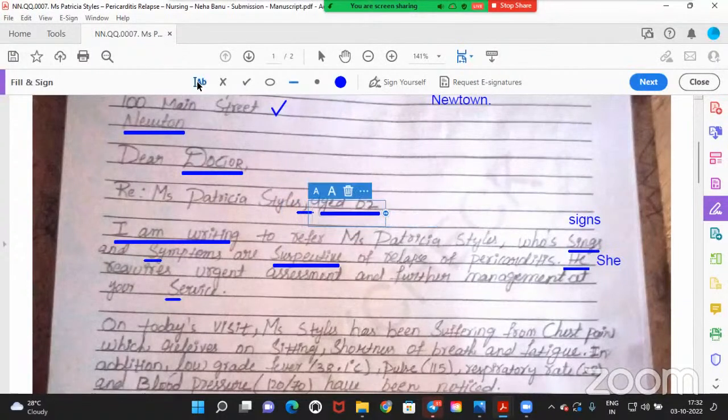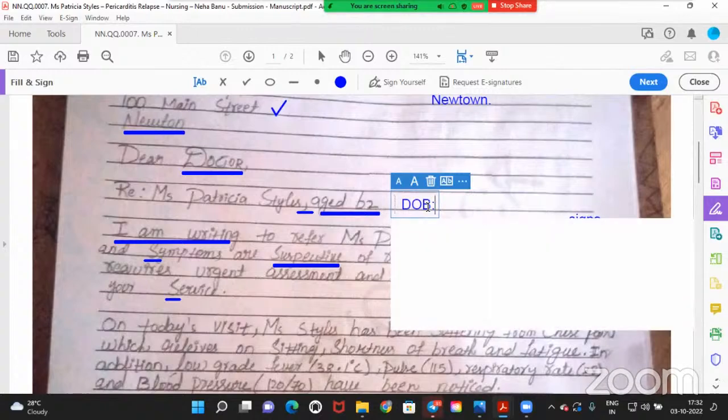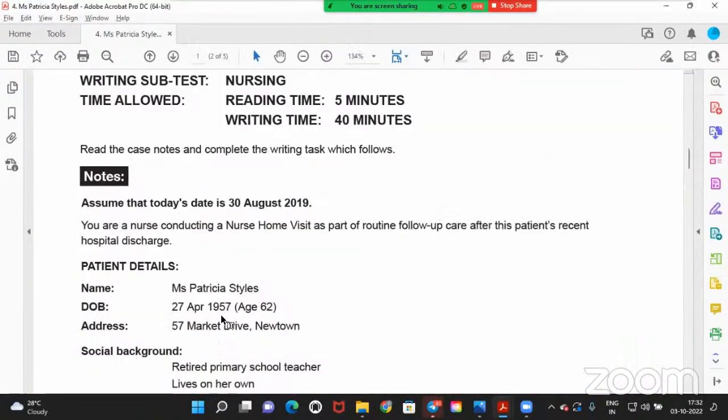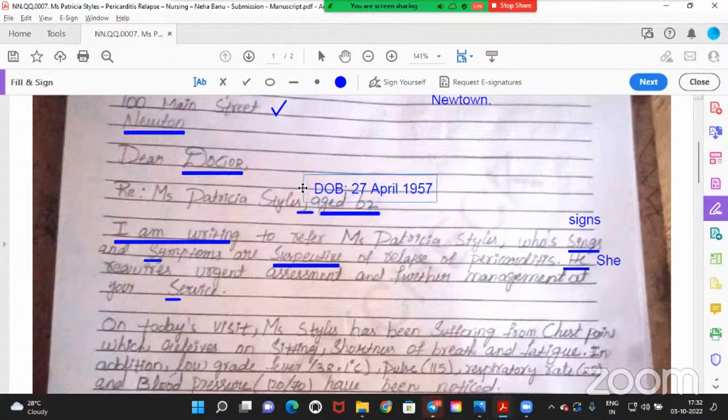But better to write date of birth. Better. So, comma, DOB colon 27 April 1957. Better to write date of birth. Okay, if date of birth is given, it's better to write date of birth.